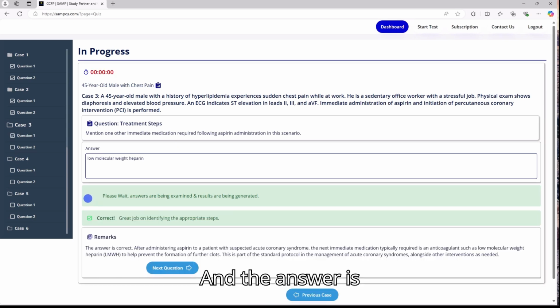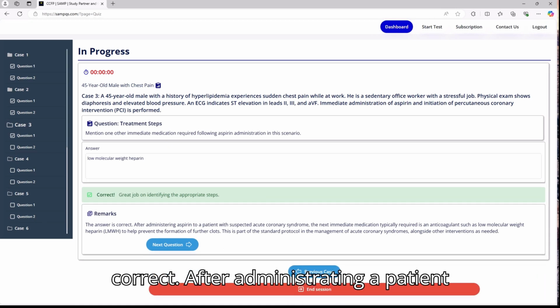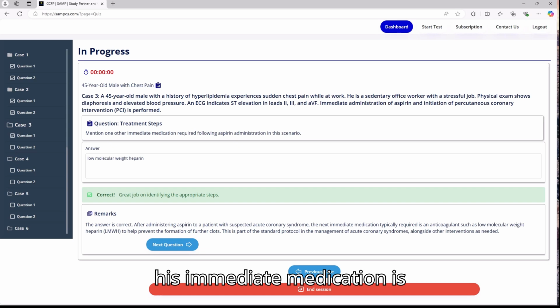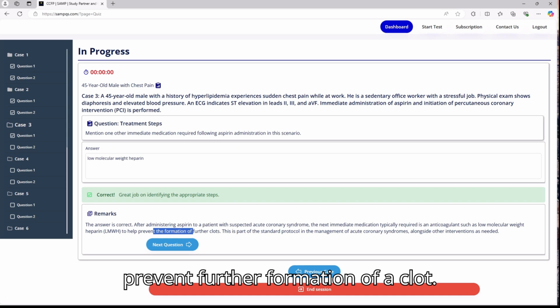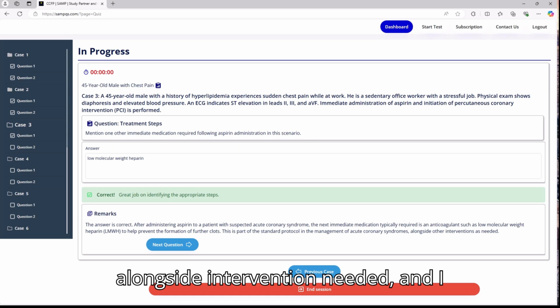And the answer is correct. After aspirin in a patient with suspected acute coronary syndrome, the immediate medication is anticoagulation, to help prevent further formation of the clot. This is part of standard protocol alongside the intervention needed.